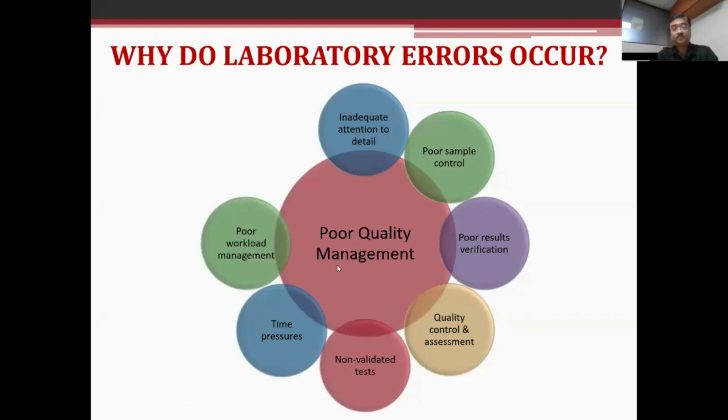Poor workload management is a typical management call, and so is understaffing. In the majority of labs this is a major problem. It doesn't occur in government institutions or teaching institutions, but in private laboratories, understaffing is one of the major problems we face nowadays.